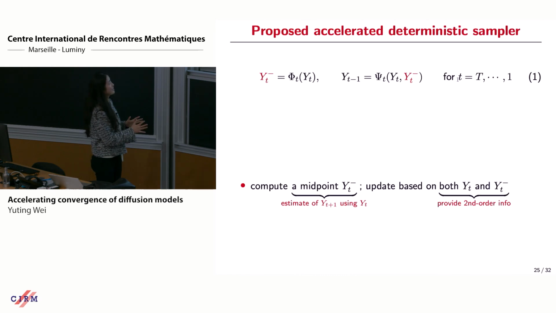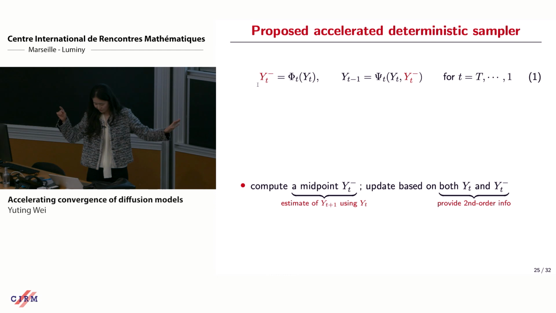Well, let me first tell you our proposed method, and then I will give you some intuition on why this should work and why we can design an acceleration scheme based on that. This proposed method is actually very easy. You first compute a midpoint, we call it YT minus, or YT bar.